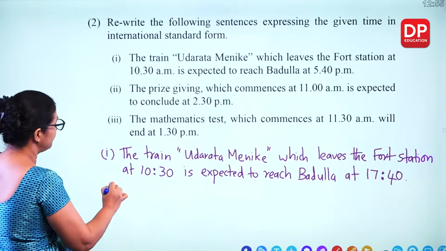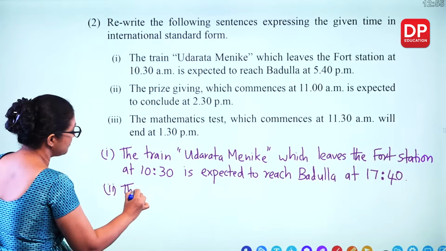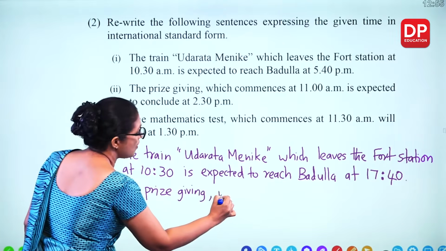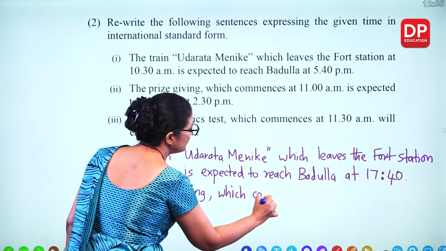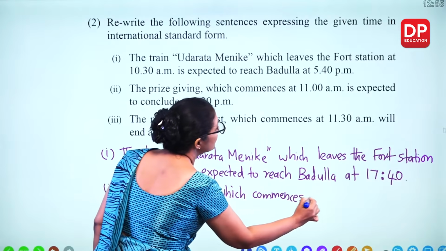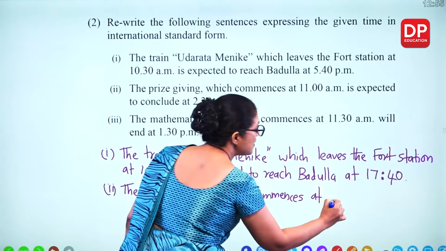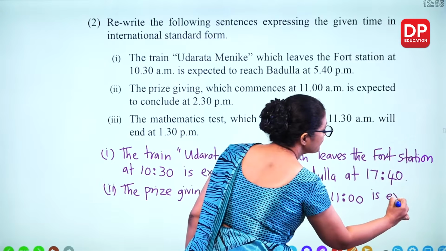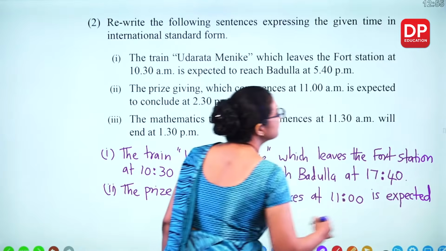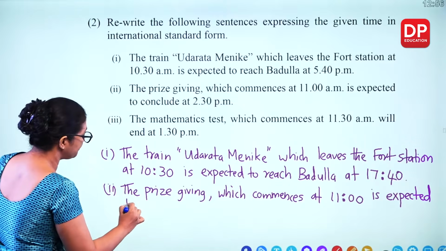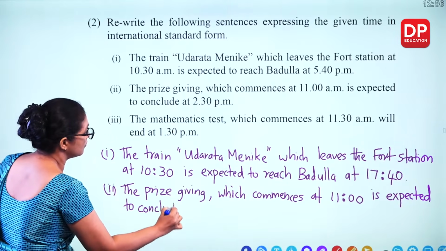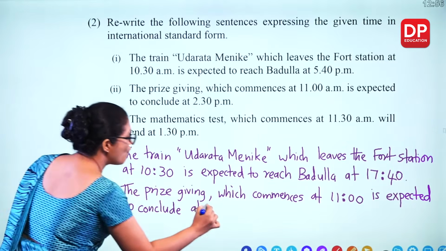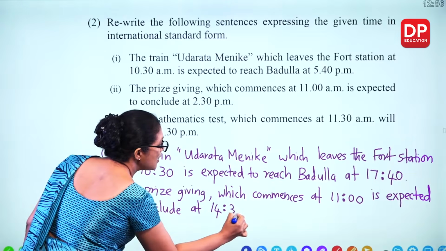Second one. The prize giving, which commences at 11 a.m., that means 11 hours, is expected to conclude at 2:30 p.m. So add 12 to that. 12 plus 2, 14 hours and 30 minutes.